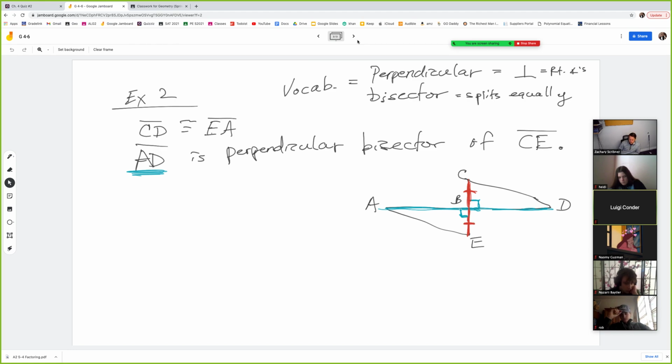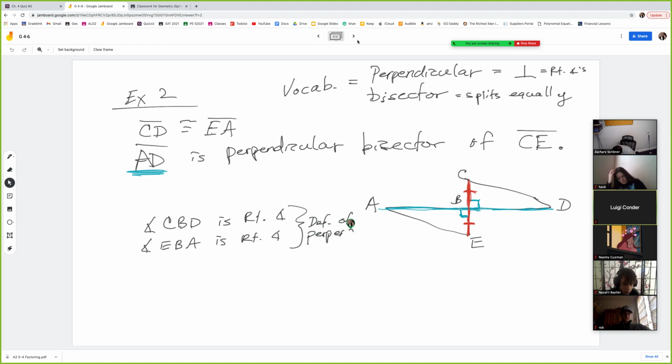So let's just start throwing out some stuff that we know. We know angle CBD is a right angle. We know angle EBA is a right angle because of the definition of perpendicular lines.